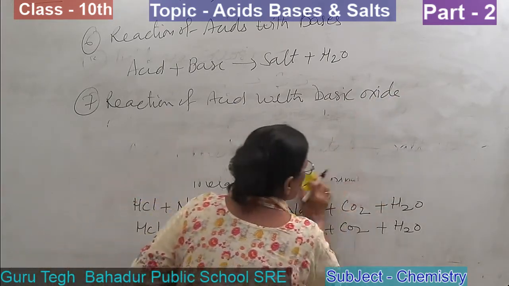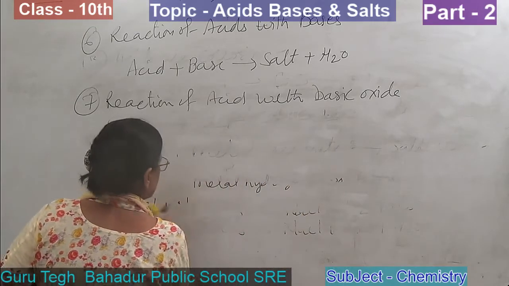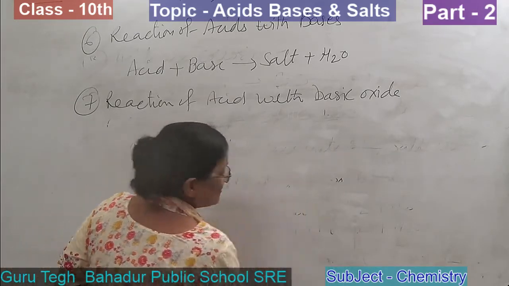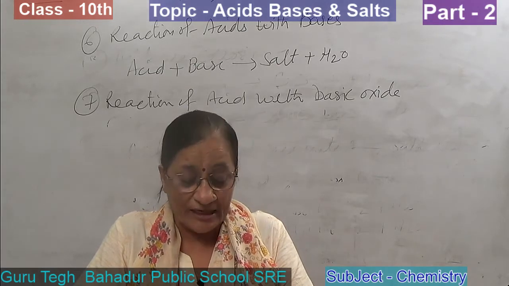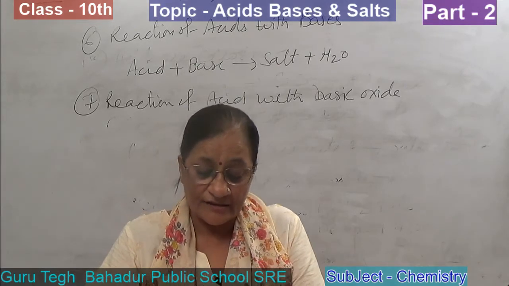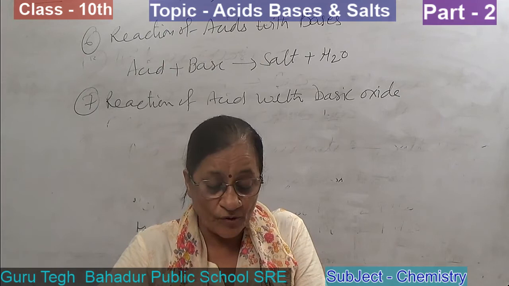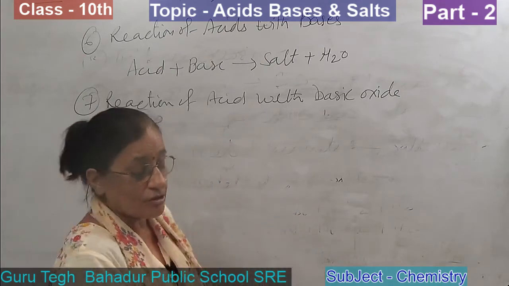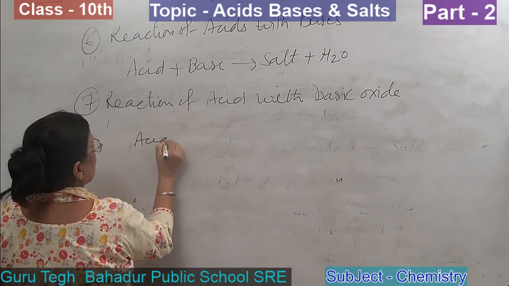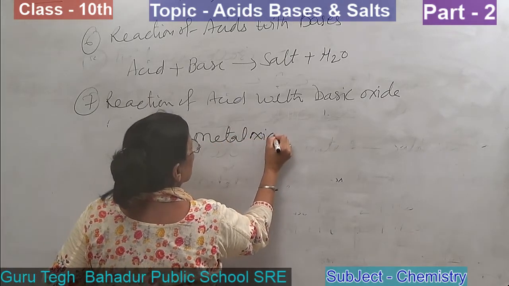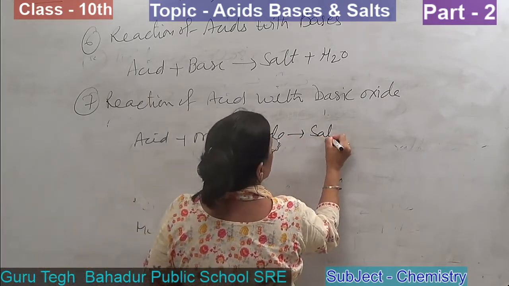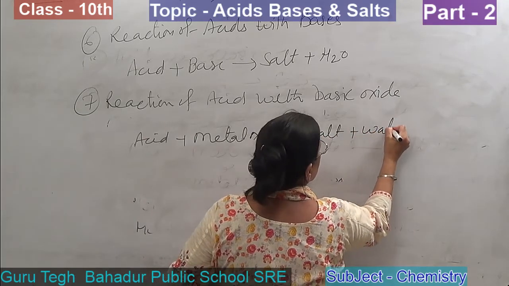In this case, acid reacts with a metal oxide or basic oxide and salt and water are formed. So here also it is acid plus metal oxide gives salt plus water, in a similar manner.